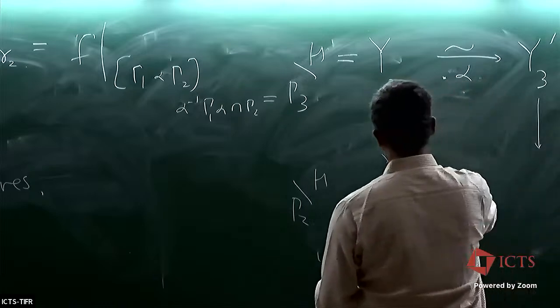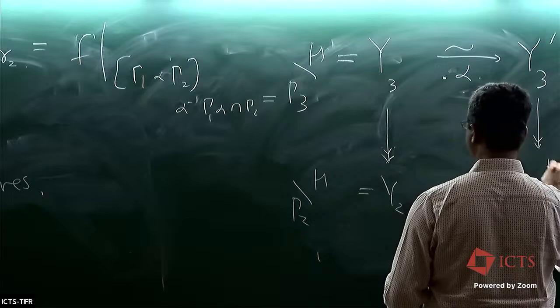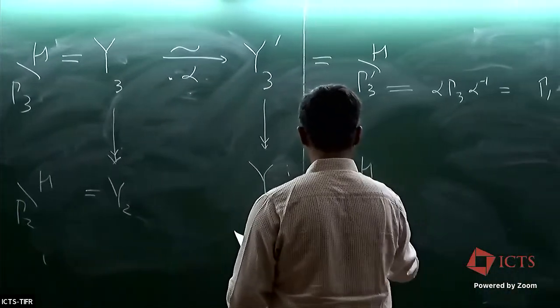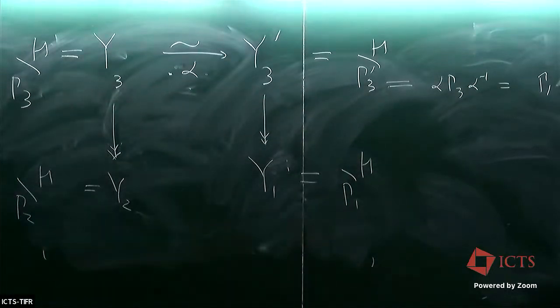These are surjections. There's a smaller congruence subgroup sitting in gamma 1. So you have a map to H mod gamma 1. Let's call this Y1. Okay, so all these groups and spaces fit into the following picture.